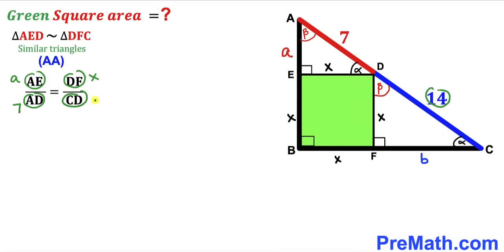So we end up with a divided by 7 equals x divided by 14.